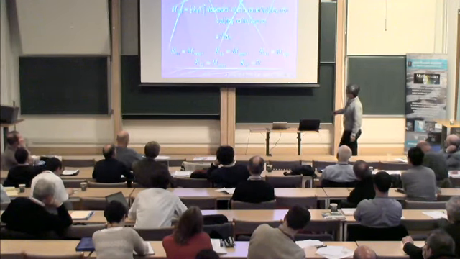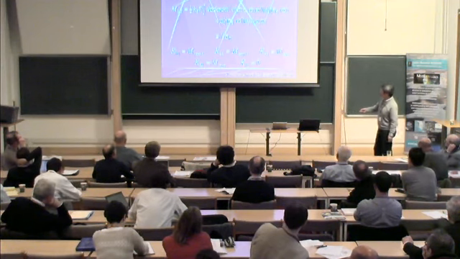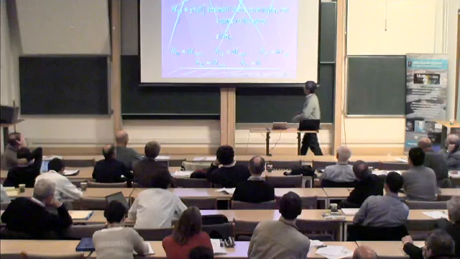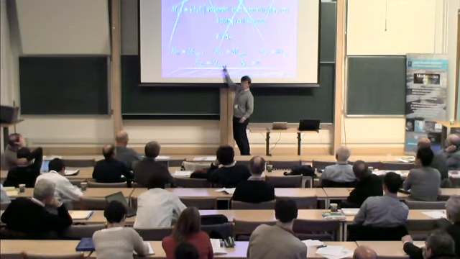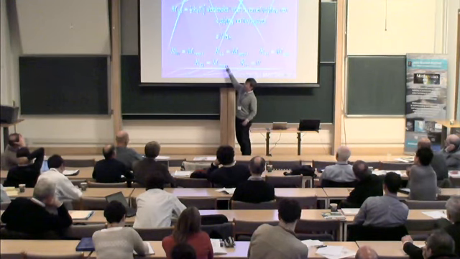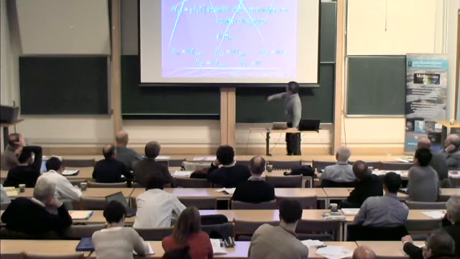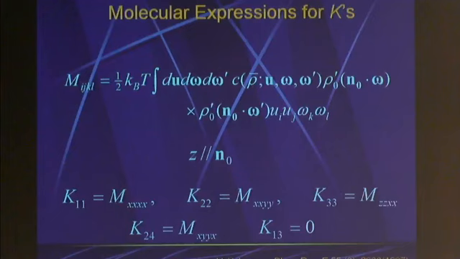So how do I see the K24? This is symmetrical in terms of XY changing to YX. Originally, K24 is a sum of XY, YX, and XY, XY.